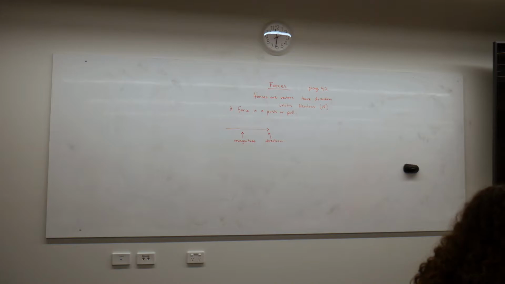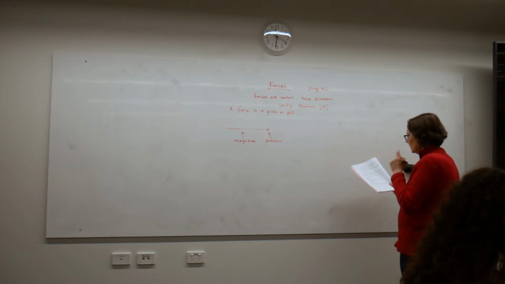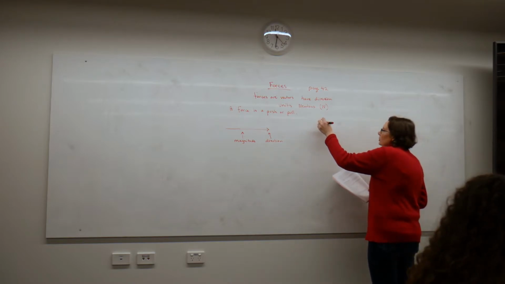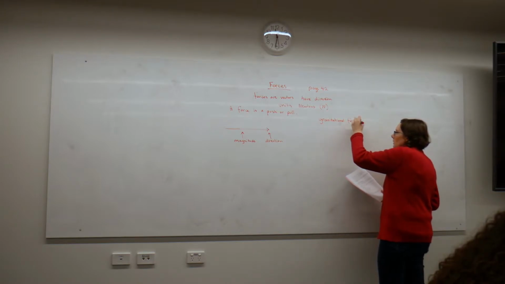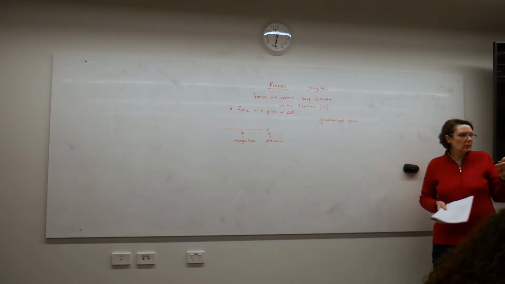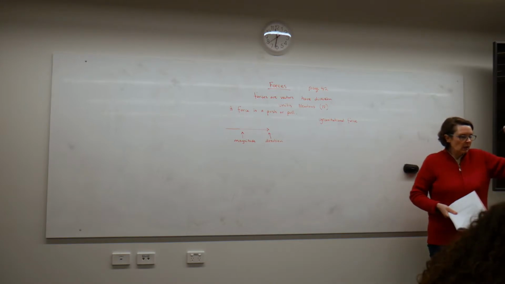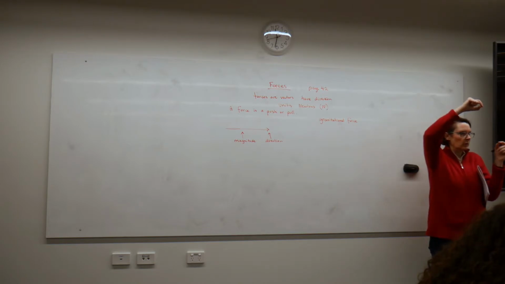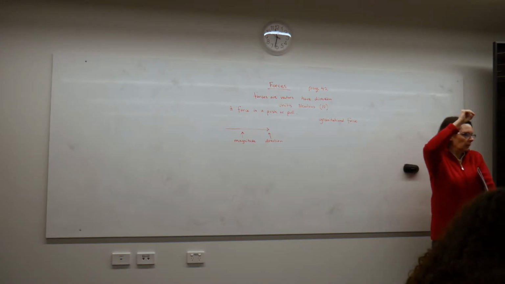Now, think about our types of forces. As I said, we've got a push or pull. So there's the gravitational force. If I tied something like a lead weight to the end of a string, and I hold the end of the string, what is stopping the lead weight from falling to the ground?